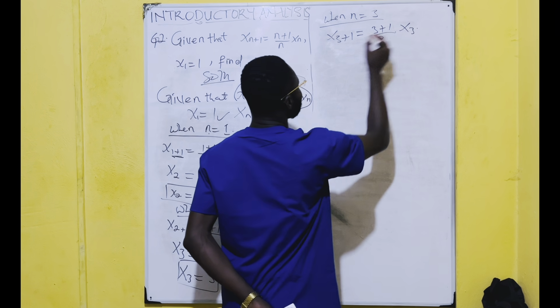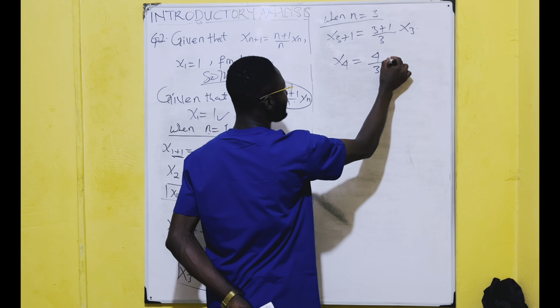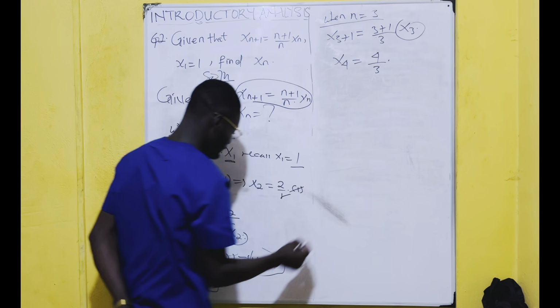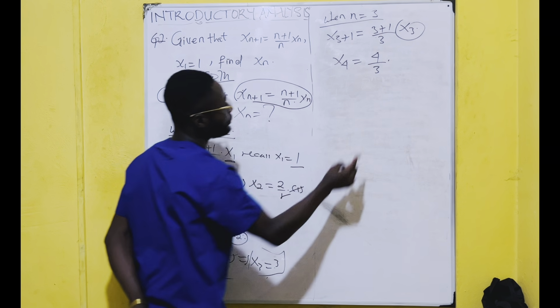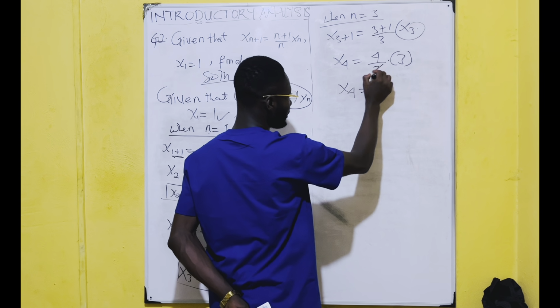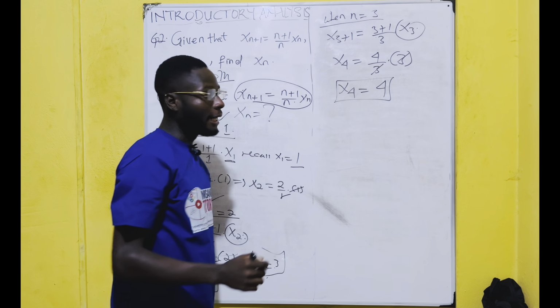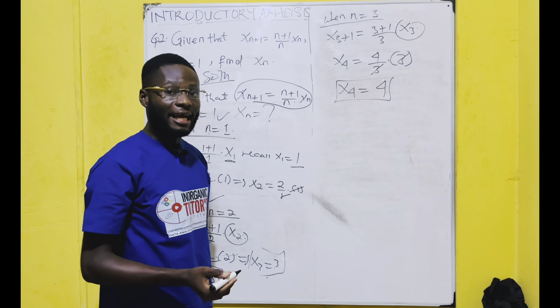Now n is 3, so we have x4 equals 4 divided by 3 times x3, which is 3, right? So we have 3 here. So x4 will be equal to, this cancels this, and we have s4 to be 4. Now, we have been able to find x4.